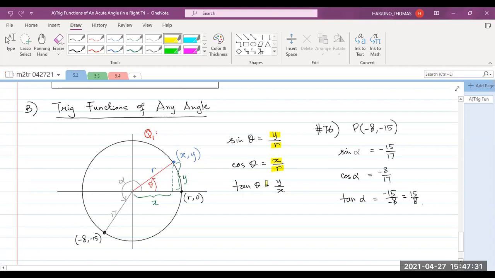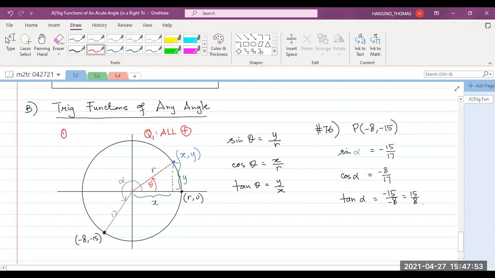Because x and y are positive, tangent is also positive. So in quadrant one, sine, cosine, tangent are all positive.